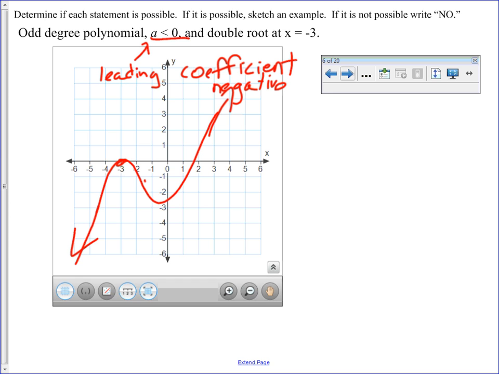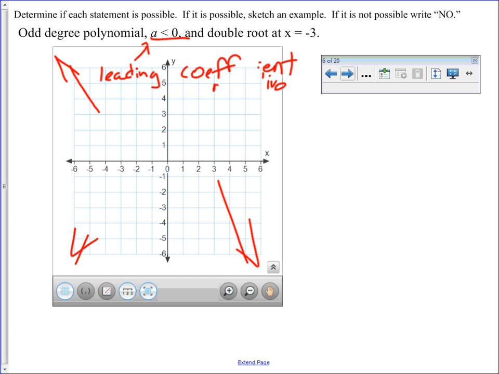Oh, I did that backwards. I apologize. If it's a negative leading coefficient, it's going to go down. So I need to go down to 3, like that. Sorry, did that backwards.